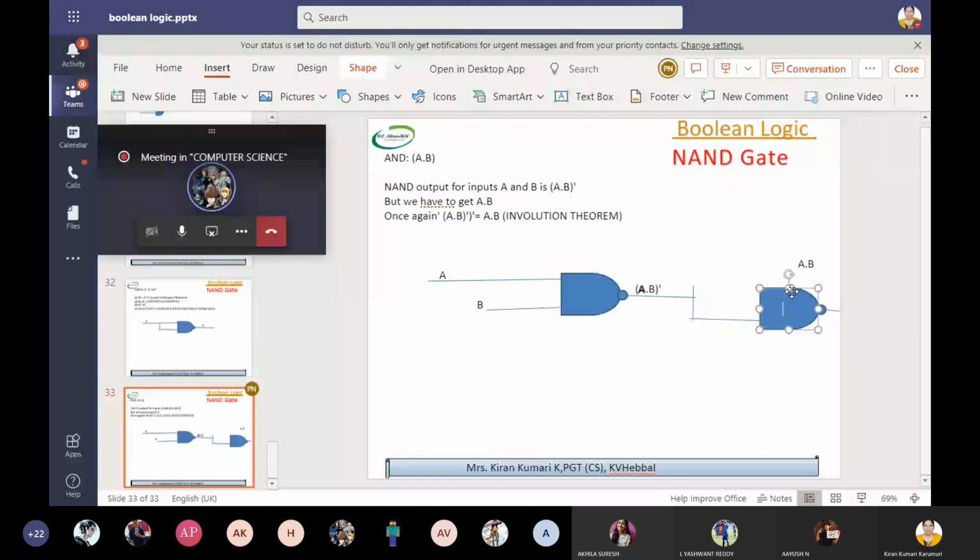Whatever we send through the NAND gate, what will happen? Tell again. Negotiation. Negotiation means? Ma'am, involution. Negation, not negotiation. Okay, sorry. It's okay. Negotiation means bargaining, in the market, right? So plus or minus. Okay, beta.